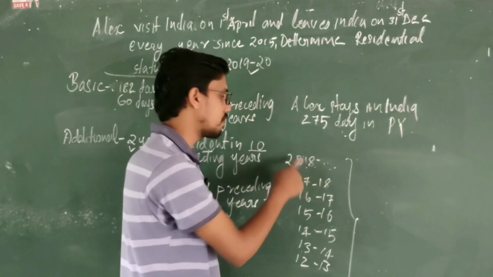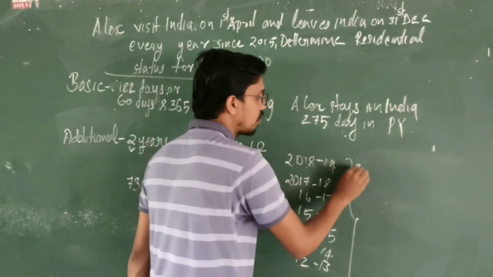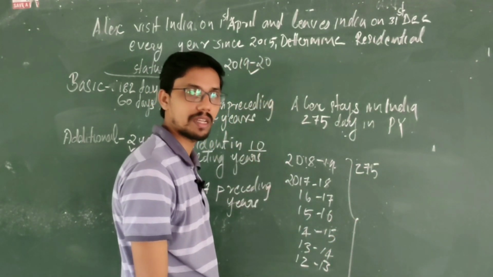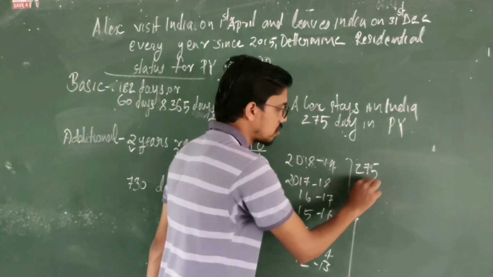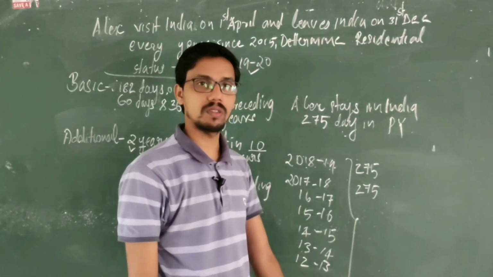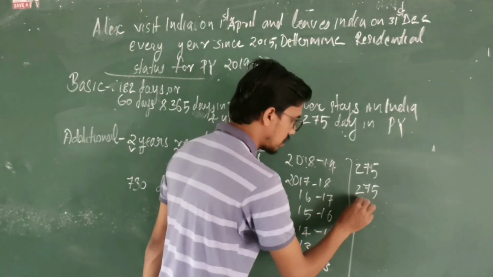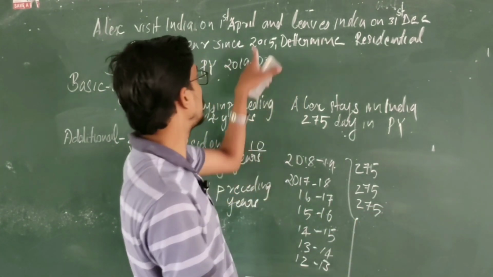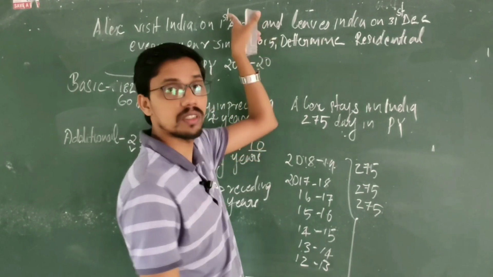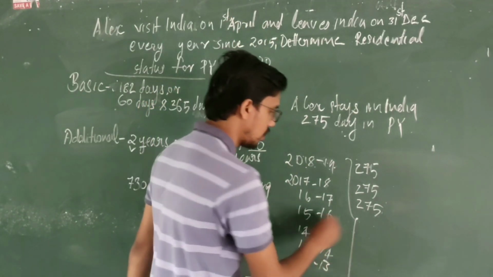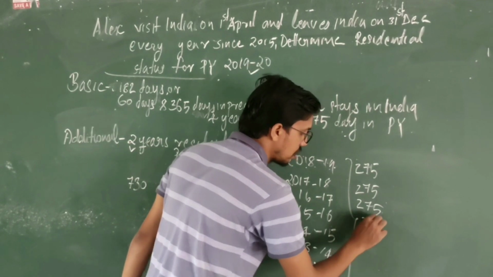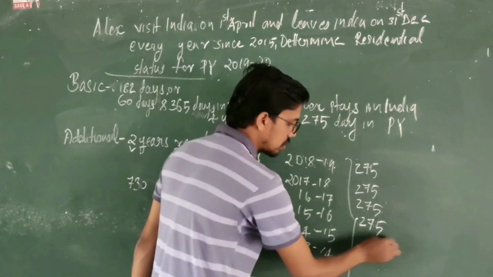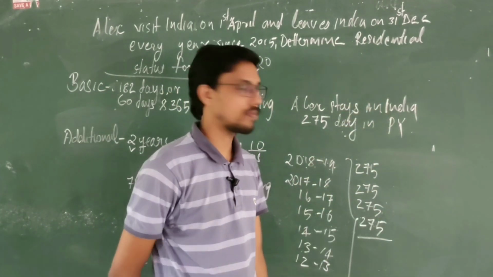As we checked earlier, in 2018-19 he stayed for 275 days, right? Because he came to India from 2015 onwards, right? So in here also he stays in India 275 days. In 2016-17 also 275 days. In 15-16 also, since 1st April 2015 onwards he comes to India. So in 2015-16 also he comes to India. So these are the total days that he comes to India. What is it?